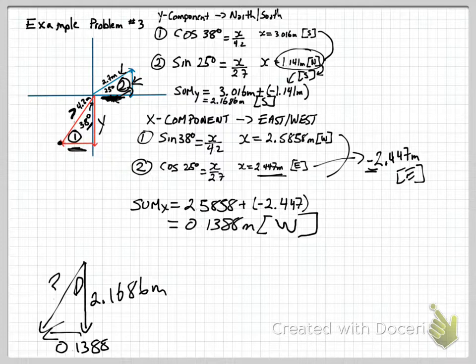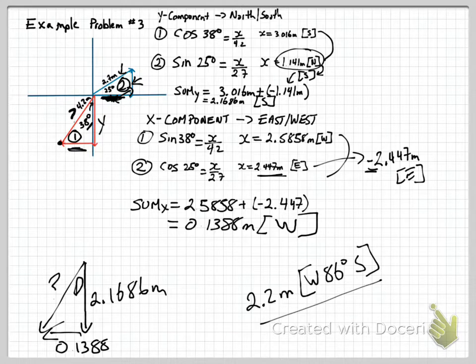And so you know if you're doing it right because your final answer should be 2.2 meters west, 86 degrees south. So that would be your final answer for that question. Again, the 2.2 would come from the Pythagorean theorem. The west 86 degrees south would come from your trigonometry.